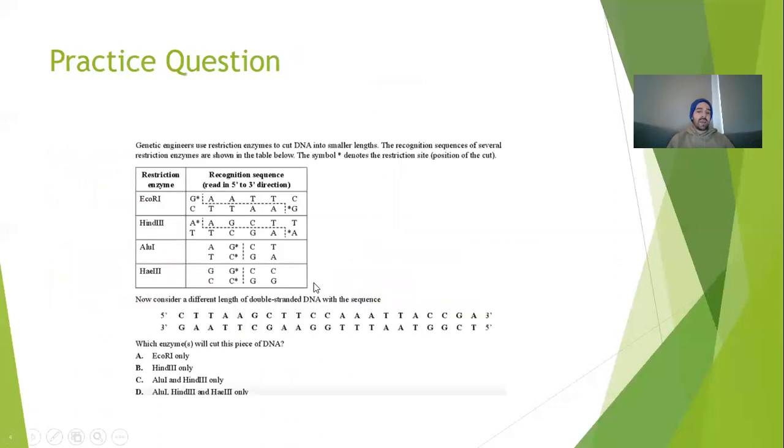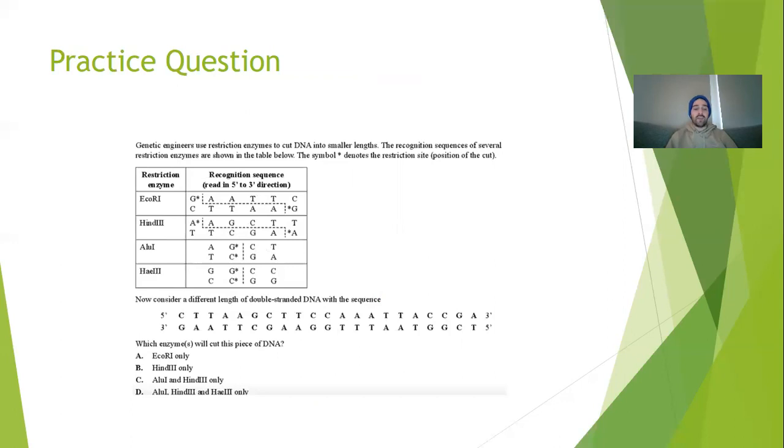So a typical question you might get on your exam around restriction enzymes is where you might be given a table with 4 or 5 different recognition sites. You can see here we've got 4 restriction enzymes, and we've been given their 4 recognition sites. They might give you a stretch of DNA and ask which restriction enzyme will cut this DNA. So what you're looking for is, where are the recognition sites?